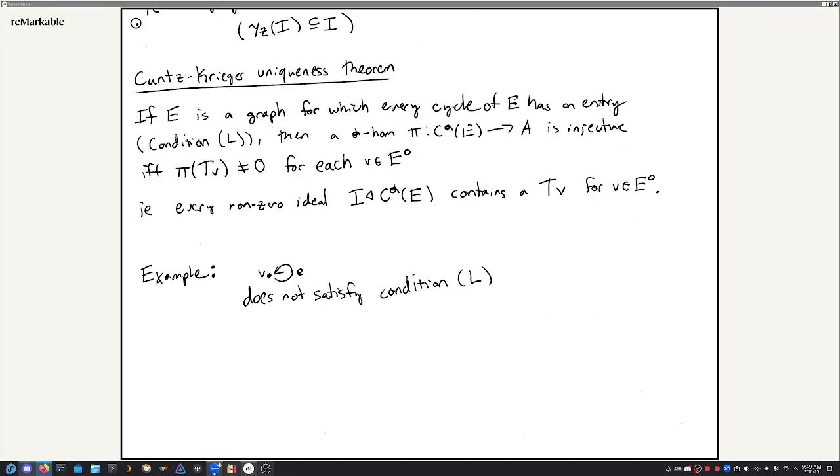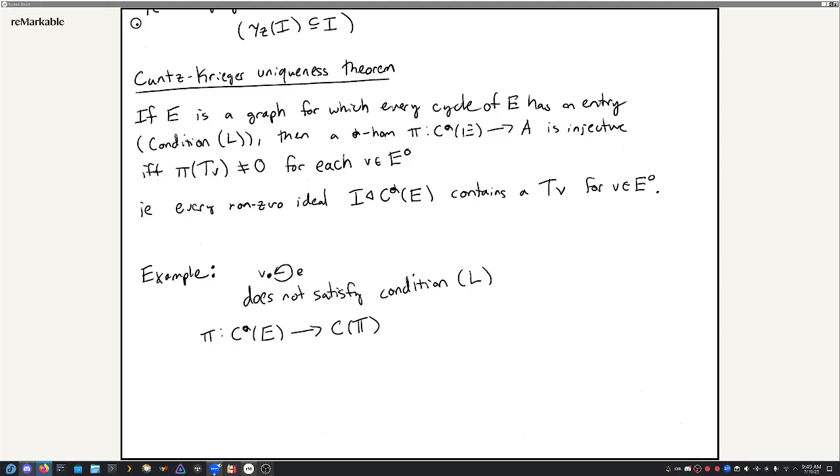So here, say pi from C star of E into continuous functions on the circle will represent the C-star algebra of this into continuous functions on the circle.